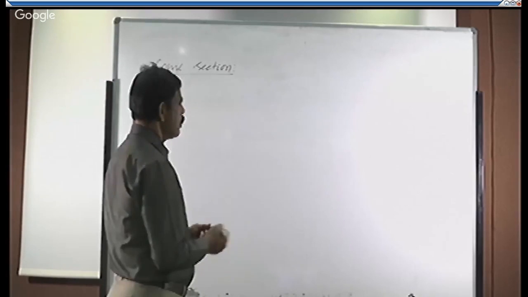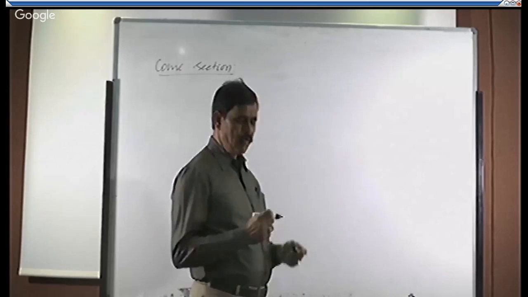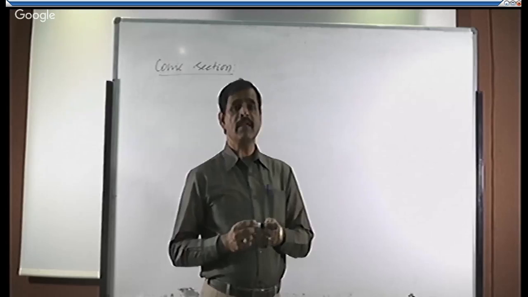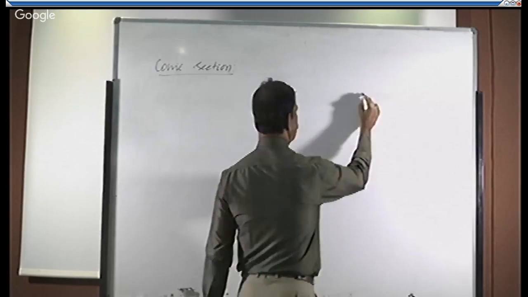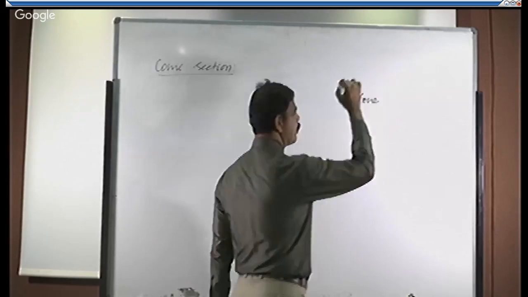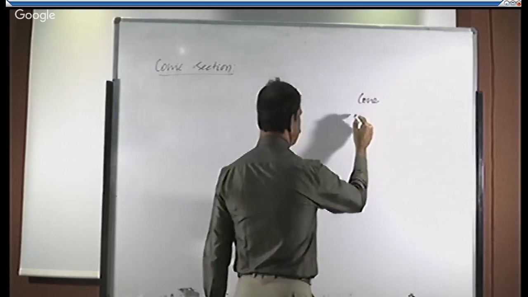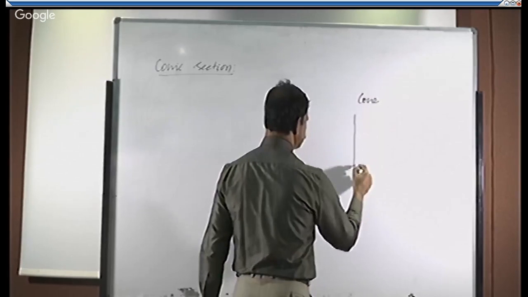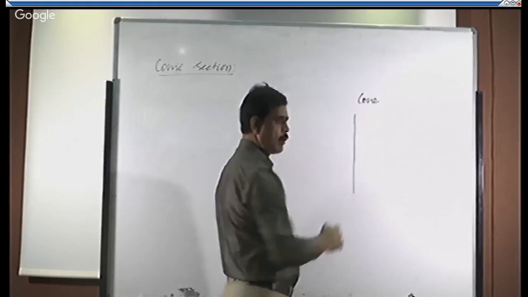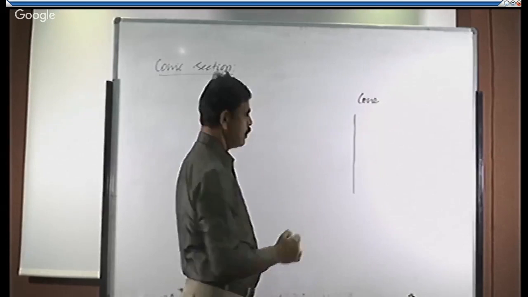So, let us take how a right circular cone is formed. I will explain it. Take a fixed line.